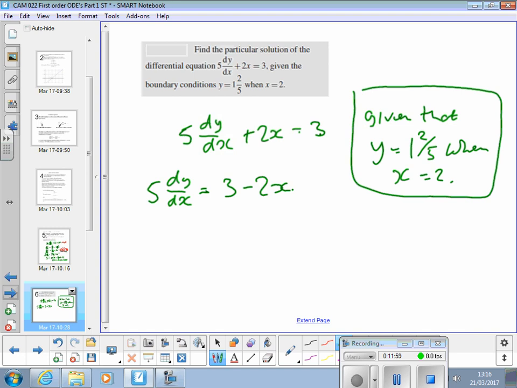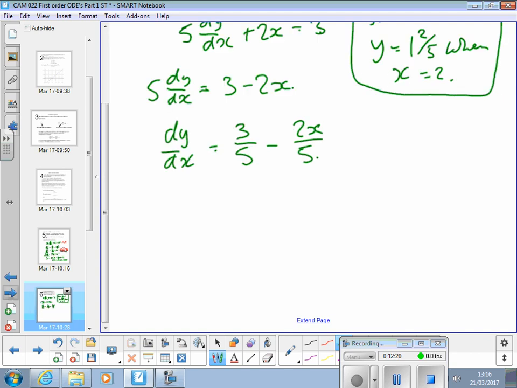Next operation, divide by 5. Next bit. Integrate both sides.